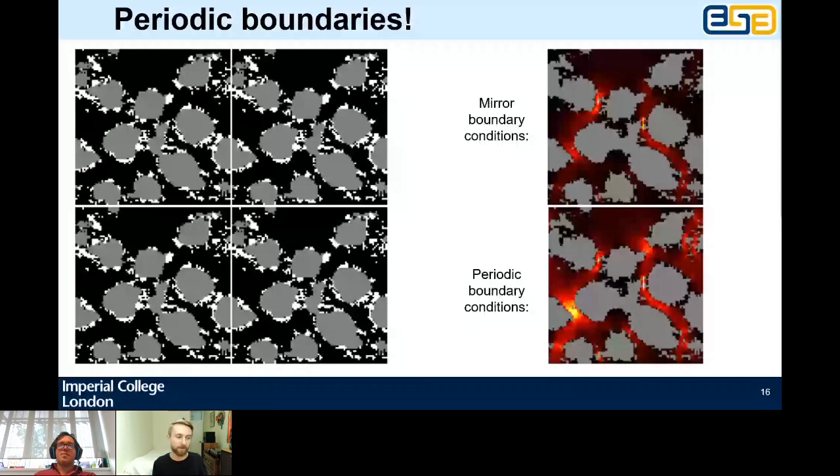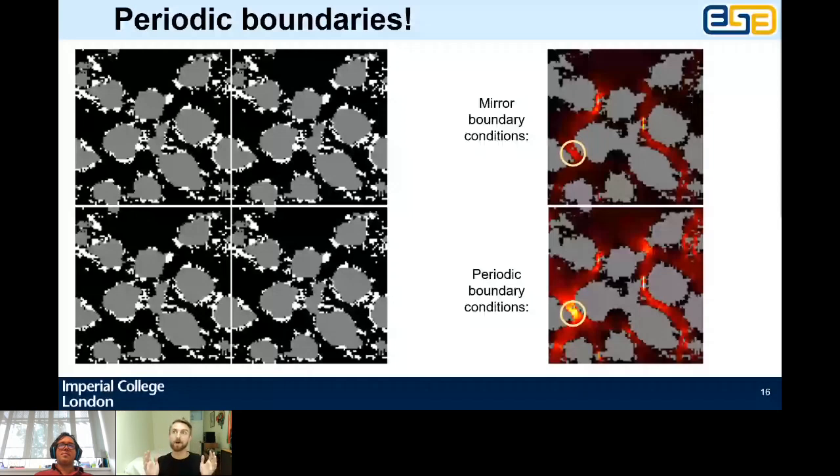So if I highlight a couple of key areas with these little yellow circles, these are in the same area, right? Clearly, there's a much higher flux density in this one because the flow has been able to come off one side and re-emerge back onto the other. And again, up here, a region in the mirror boundaries which was totally unused in the periodic system is now being made use of.